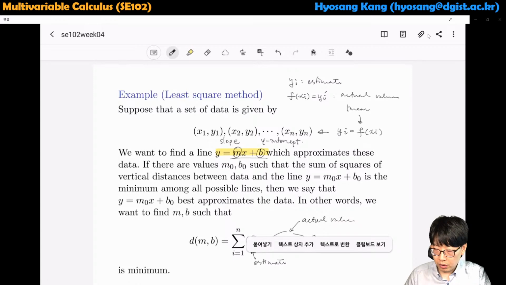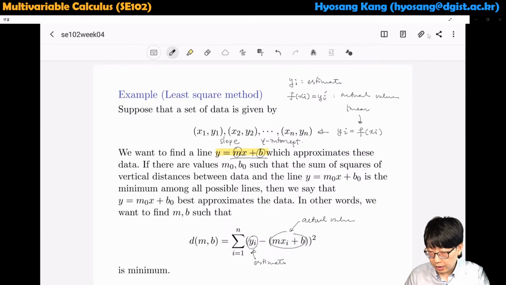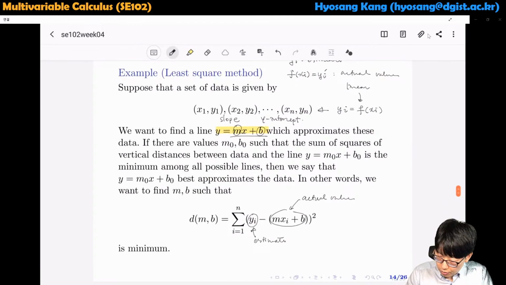Therefore all of the squares are positive, and we want this sum of positive numbers to be as small as possible. So what we want to find is the values m and b which make this entire formula in terms of m and b a minimum.